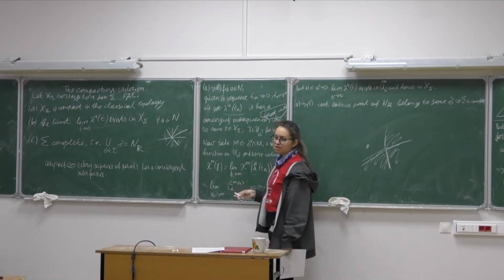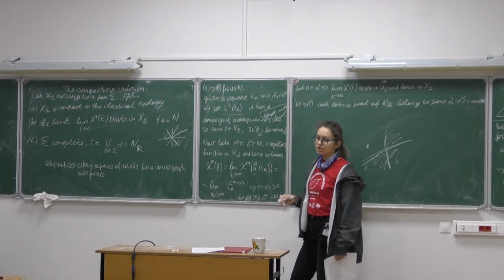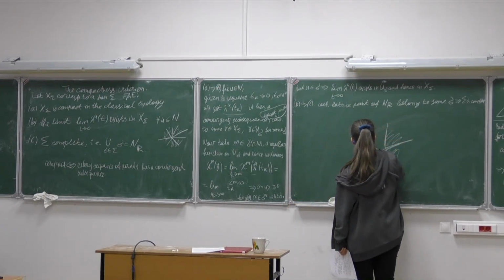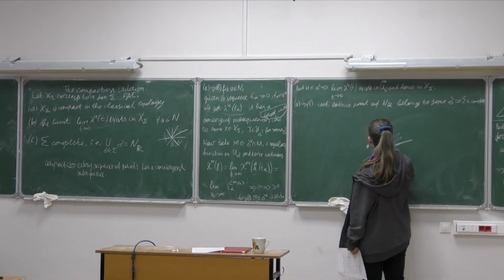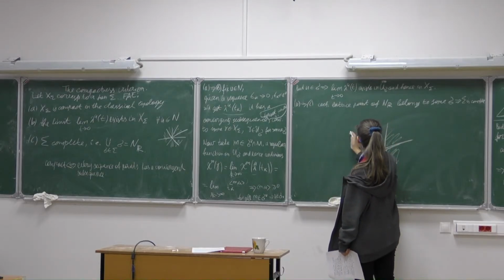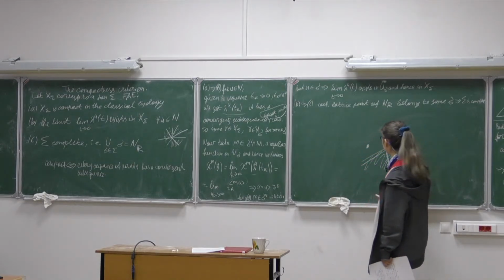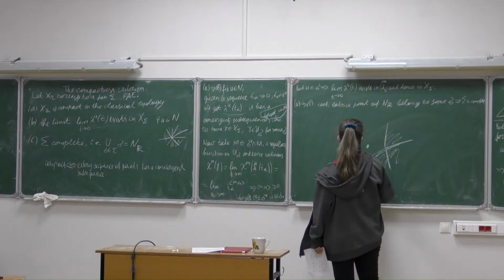We showed that if this is a cone and a point which is not in this cone, then the limit doesn't exist because it tends to infinity. So B to C is quite easy.